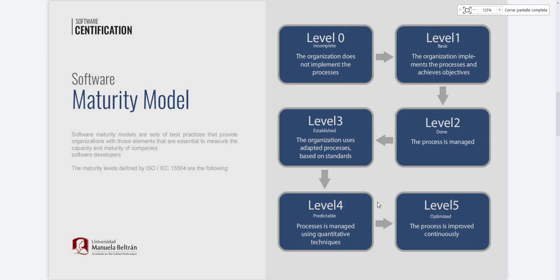Software maturity model. Software maturity models are sets of best practices that provide organizations with the elements that are essential to measure the capacity and maturity of software developer companies. Mature organizations have processes that are defined, measured, controlled, and improved. They develop systems according to the required specifications, within the deadline established in the project plan, which achieves customer satisfaction.